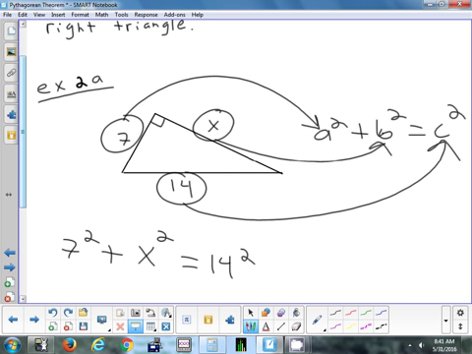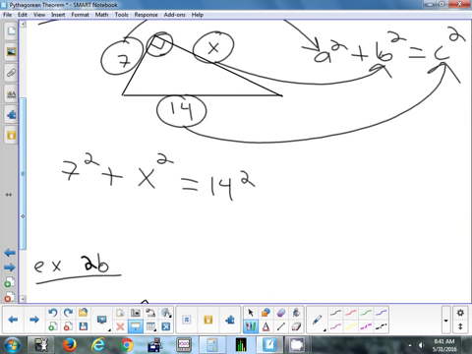Why didn't we put the 7? Why didn't we put 7 in for C? 14. Right, 14 is the big one. You always have to put the big one in for C, the side that's across from that little symbol. Right, and now we'll just do it out like the last one and see what we get. 7 to the second power.